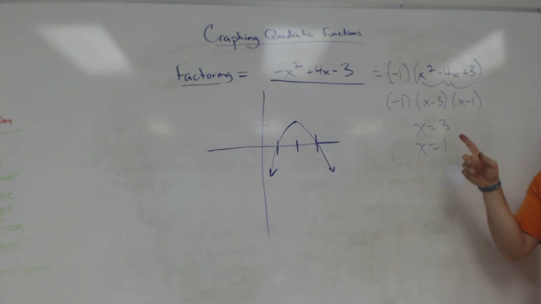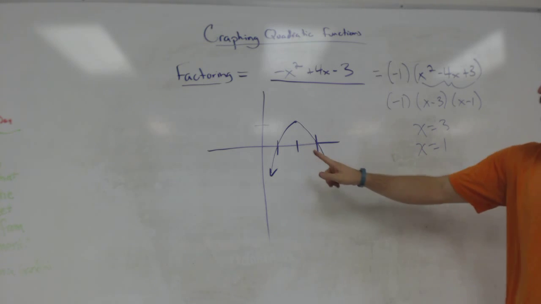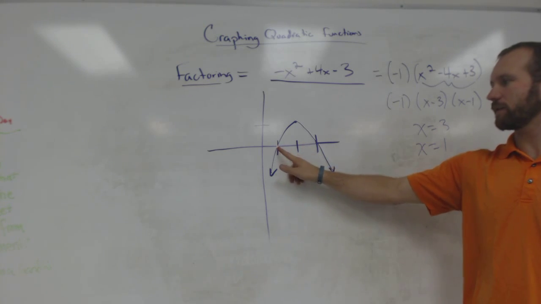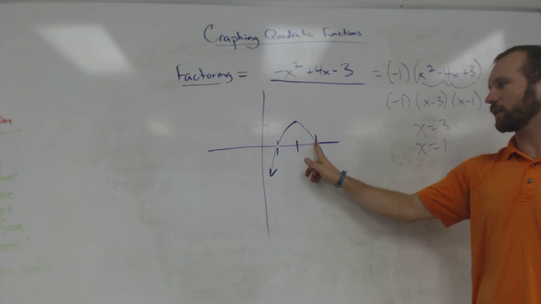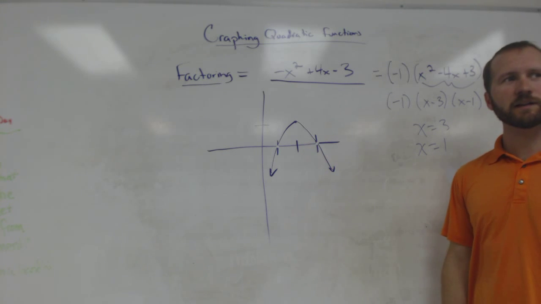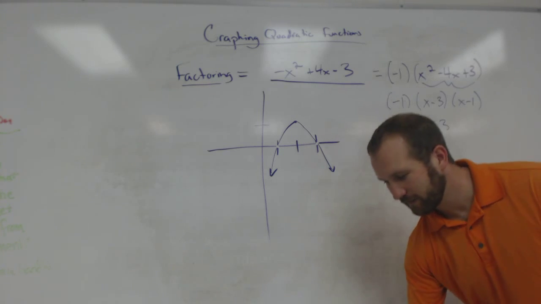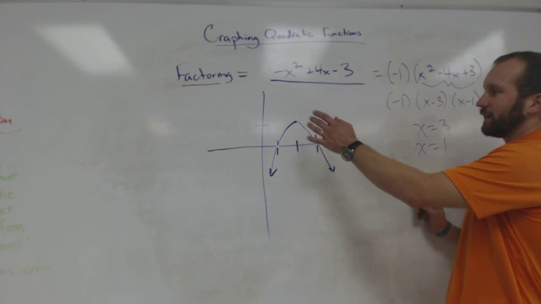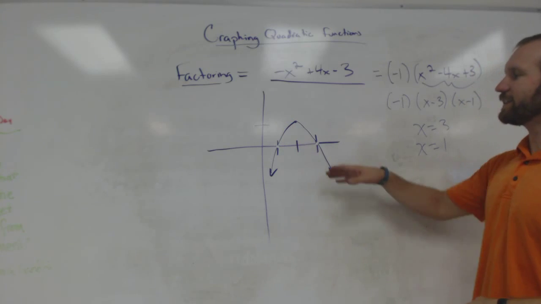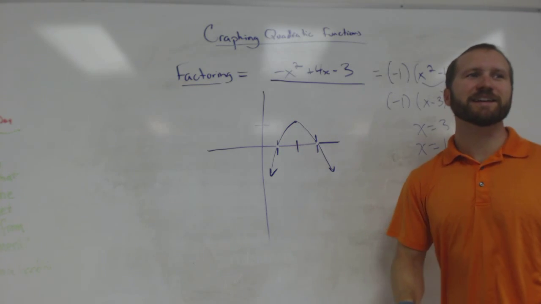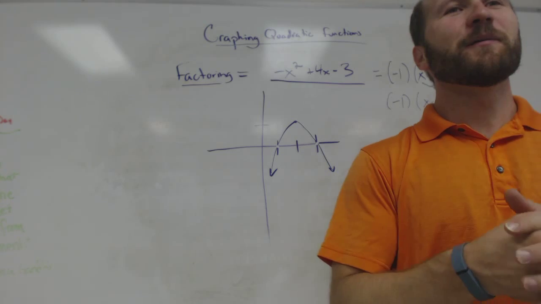Where is that on the graph? X is 1 right here. X is 3 right here. That's where what? That's where the lines go through the things. Yeah! Okay, what do we call that?